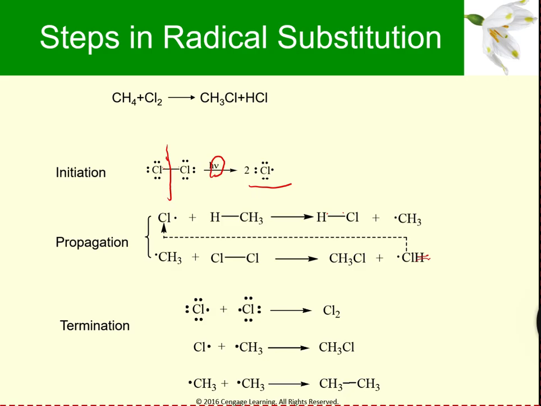When the chlorine atom abstracts an electron, it abstracts it on the part of the hydrogen rather than CH3, okay? Don't confuse, right? Now you generate another radical, and this radical will react with the chlorine reactant and generate a chlorine radical again.